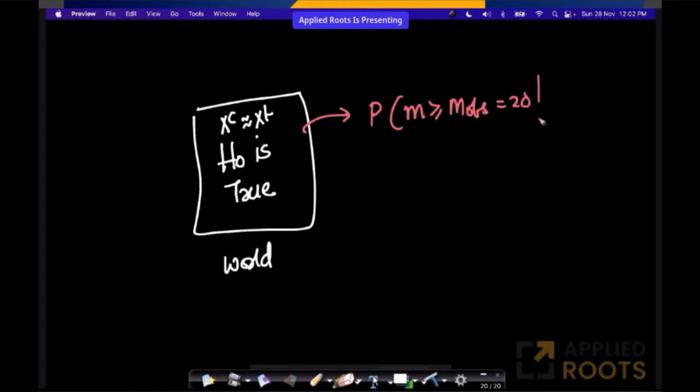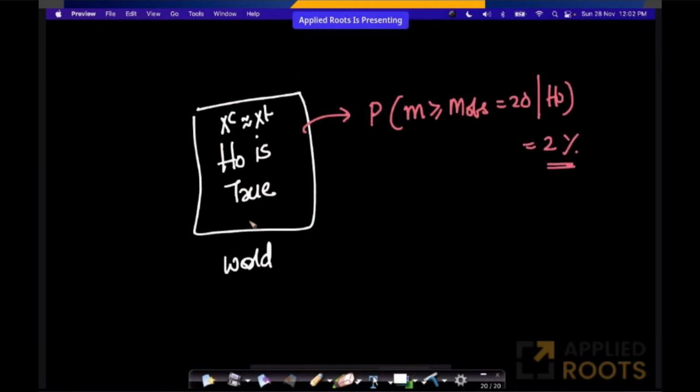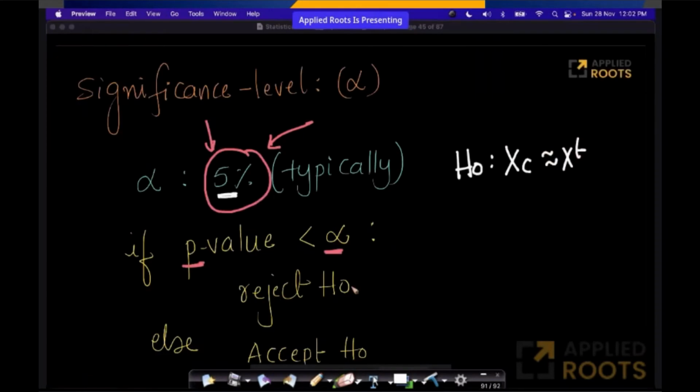In this worldview, this was just 2%. Now we say that for my problem, I will pick some number like 5%. And if this p-value or probability value is less than 5%, I will say I don't think that this world is true. I will ignore H0, or I will reject H0. When you reject H0, you accept the alternative hypothesis.